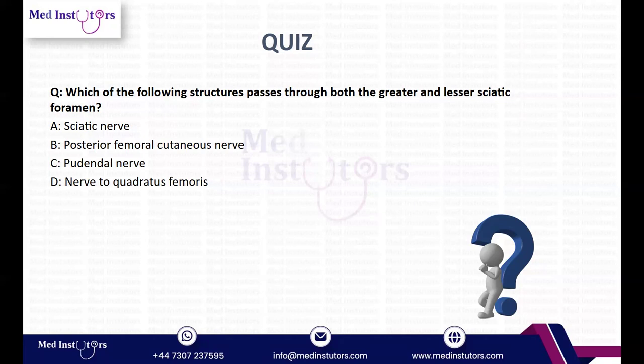Okay, now you can compare. We are just studying the contents of greater or lesser sciatic foramen, but you can compare how simply changing one word can change your answer. Now they are talking about the content which is passing through the greater and lesser sciatic foramen. So there could be many contents, but yes, here the answer is pudendal nerve.